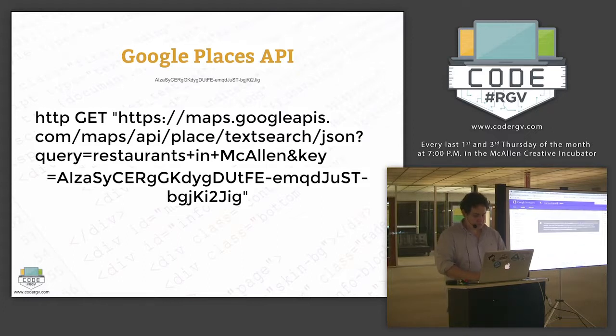Here, text search. So the text search tells you the query is right here, and you can do Roosevelt's, with the API key that I have, and run it.